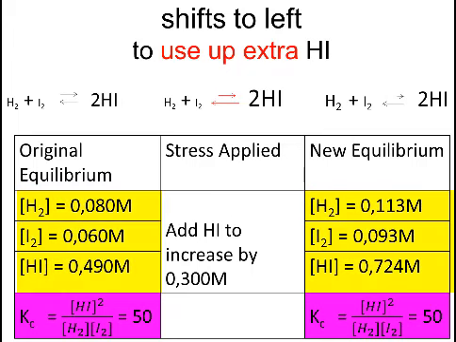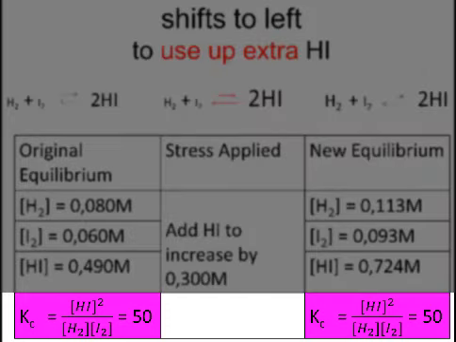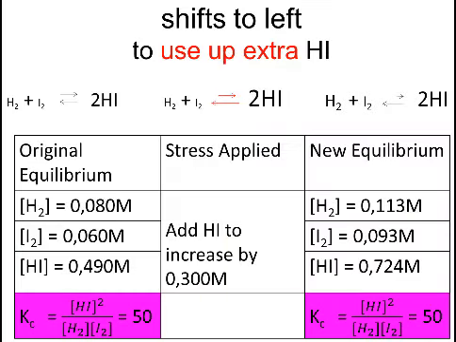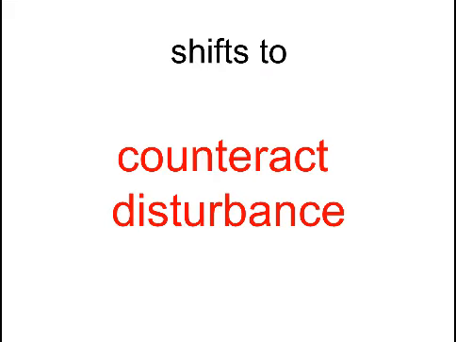So although the concentrations of the reactants and products before and after the disturbance, in the new and original equilibria, are not the same as one another, their ratios raised to the coefficient powers is the same before and after the disturbance. So again, we see the system responding to the stress in such a way so as to counteract the effect of that stress.